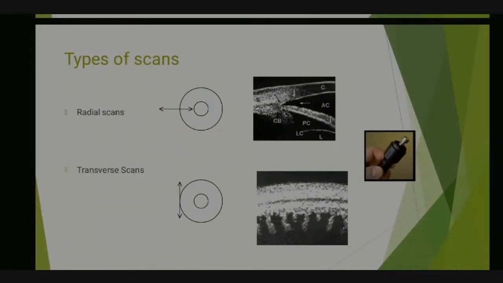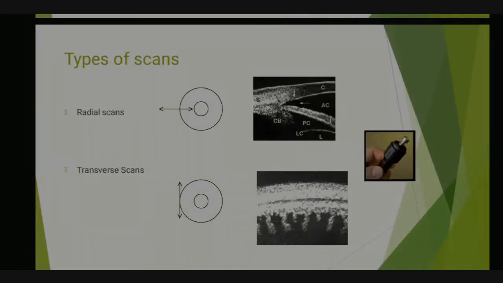When the probe is placed perpendicular to the limbus, we get these radial scans. You can see the image for the radial scans. In that image, C is the corneal layer, the anterior and posterior corneal layers.